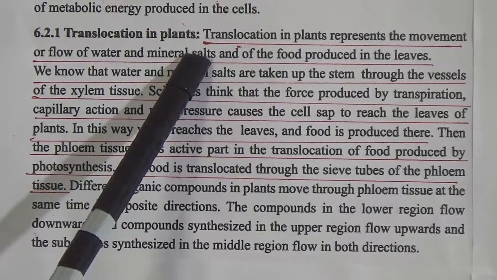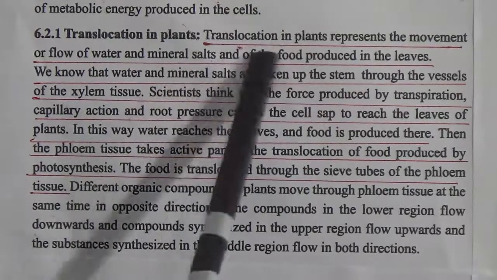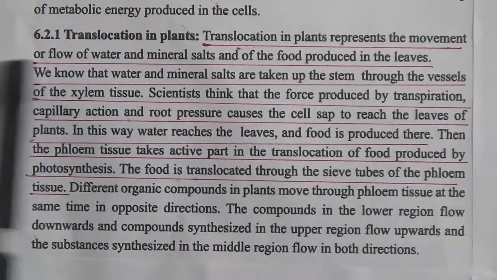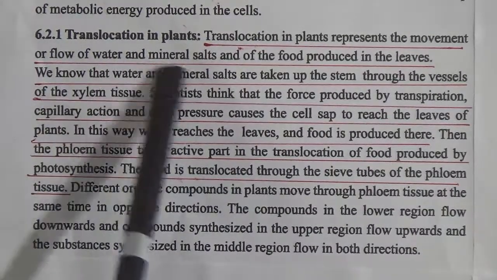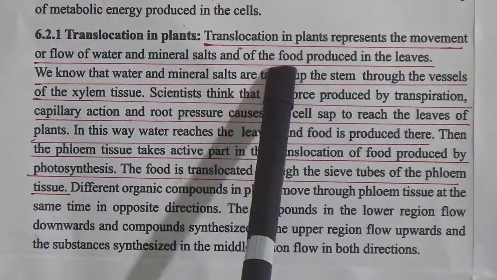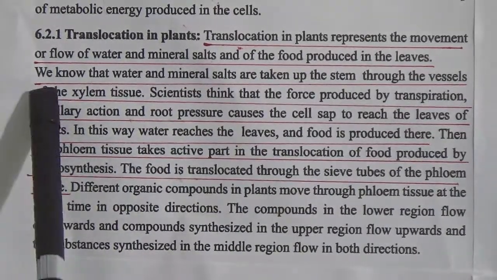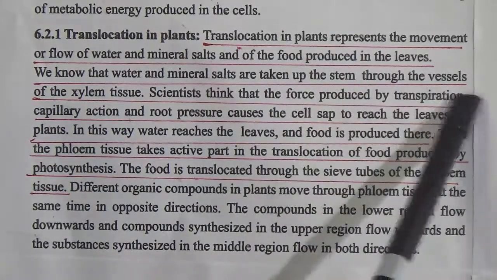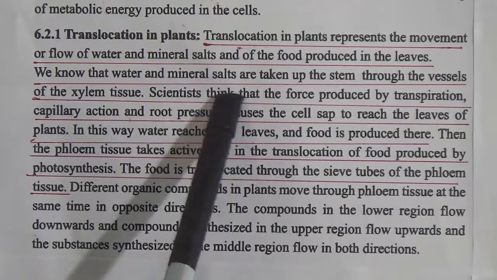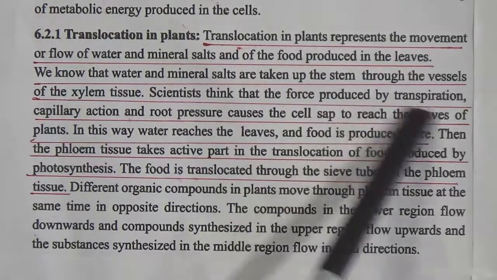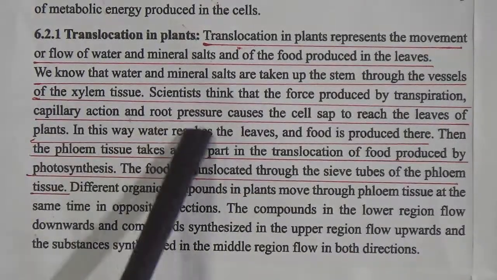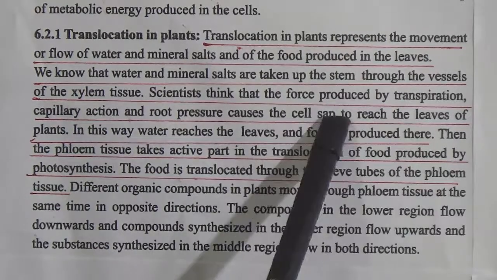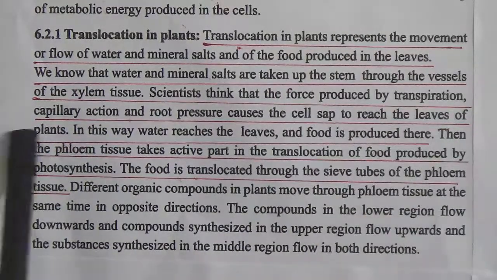Now come to the translocation. This portion we already learned in the class 8 science book as the transportation, and translocation in plants represents the movement or flow of water and mineral salt and of the food produced in the leaves. And we know the water and mineral salt are taken up the stem through the vessels of xylem tissue, and scientists think that the force produced by transpiration, capillary action or root pressure causes the cell sap to reach the leaves of plants.